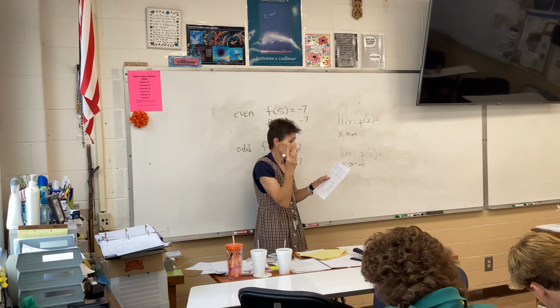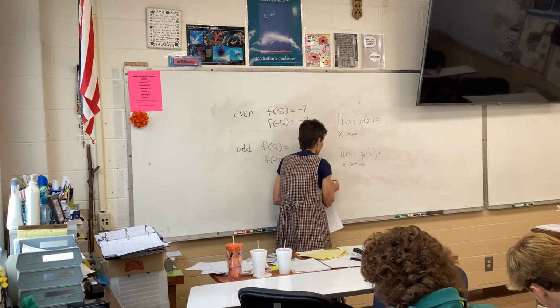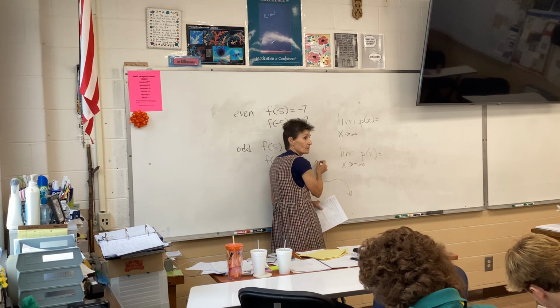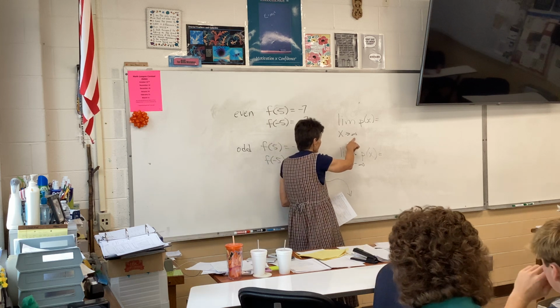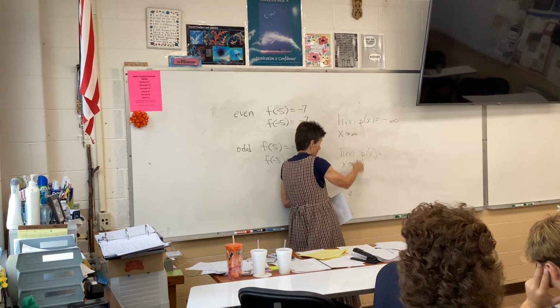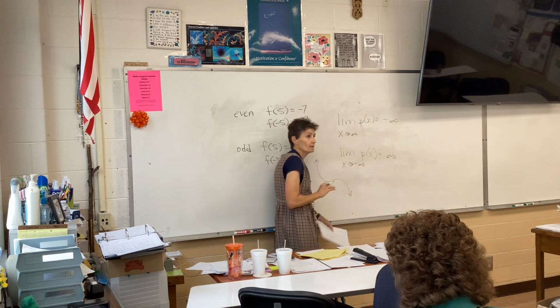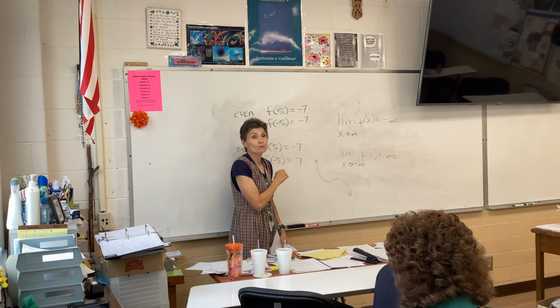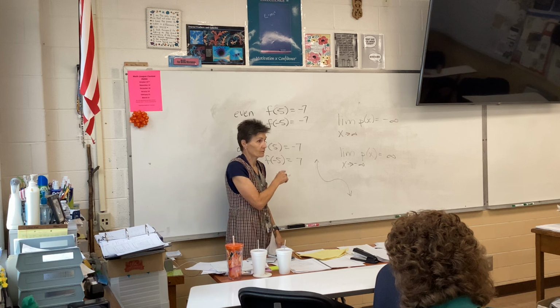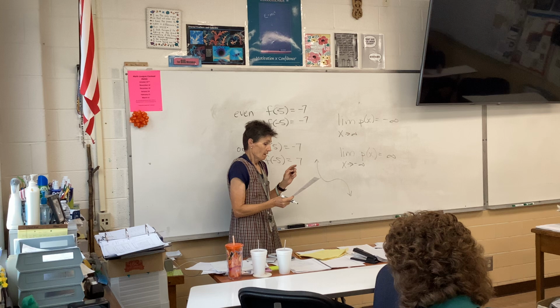It's 3rd degree and negative. So isn't it going to look like this? So going to the right, we're going down. Remember, this means to the right. And going to the left, we're going up. That's a huge idea in this whole unit, guys. You get that? Good with that? Okay. All right.